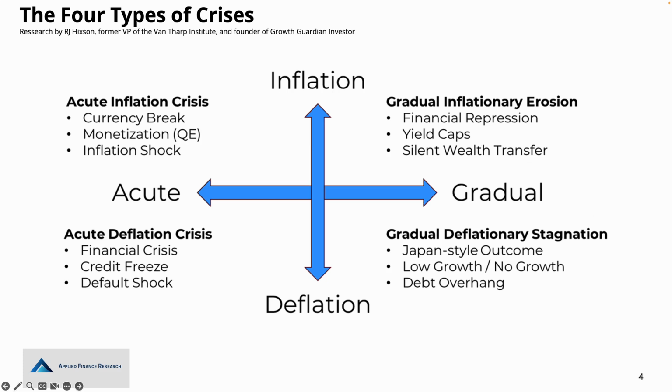Now, in the bottom right, this is where we have a gradual deflationary crisis. So no collapse, no dramatic headlines. Instead, we tend to see slower growth and declining economic performance year after year. Japan has essentially lived here since the 1990s.